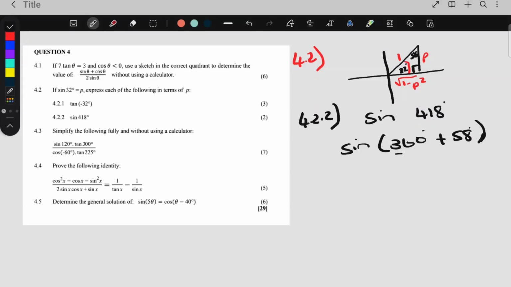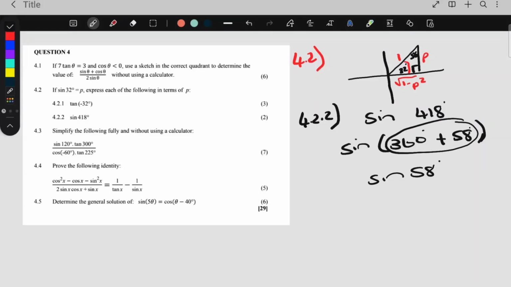So remember, when you reduce this answer, so if I work this out, it must give me this. So I know when I reduce, it's this and this. So those two will be my answer. I just don't know, is it a positive or is it a negative? So I have to figure that out.